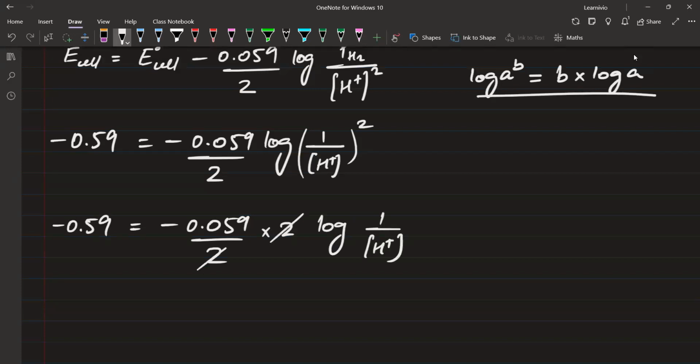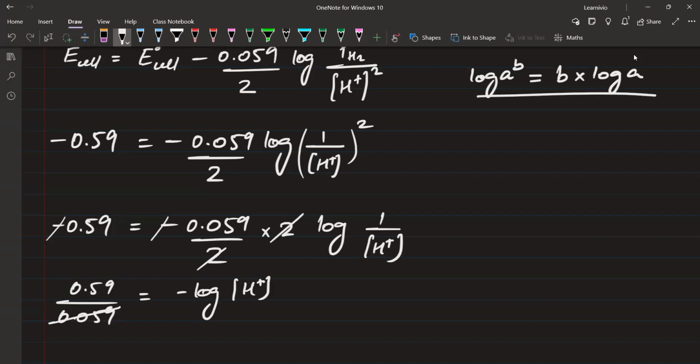So this 2 and 2 will get cancelled. This minus and minus can get cancelled, and I can write 0.059. So ऐसे लिख सकते हैं 0.59 divided by 0.059 is equal to log of H plus. I have said this in the previous case that when you do reciprocal, you have to put a minus sign. Similarly, here also, I will write minus log of H plus.